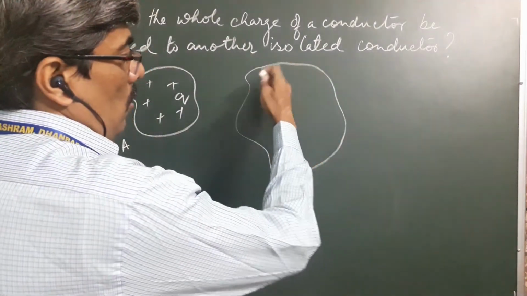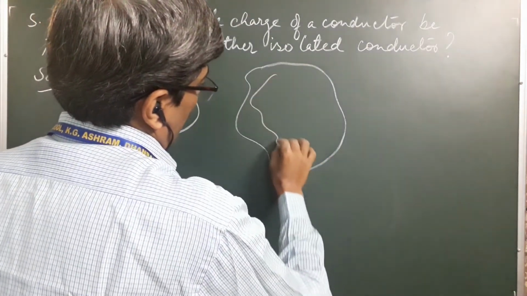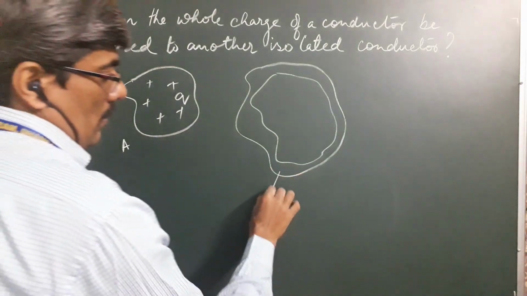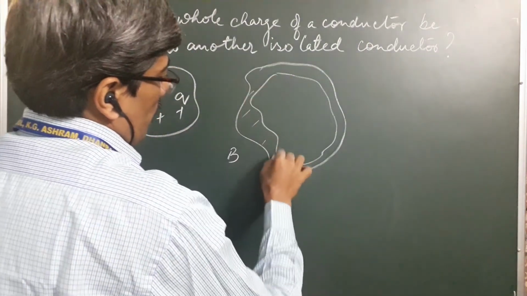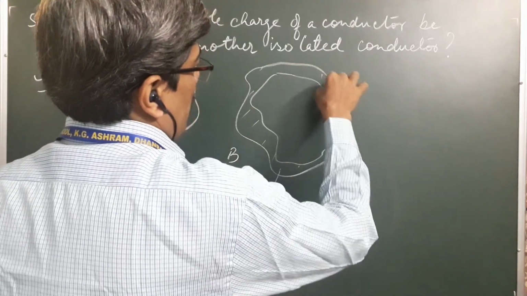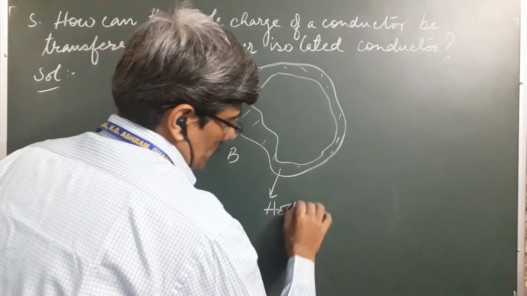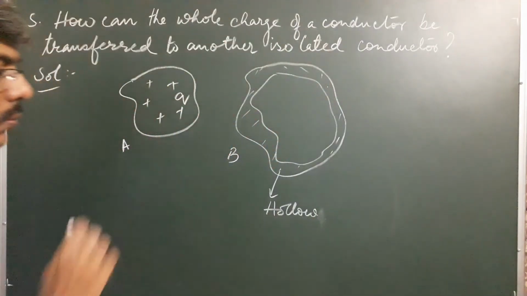If you hollow this up, suppose this conductor is hollowed up, you can easily hollow it up. If this conductor is B, you can hollow it up, but mind it, it's covered. Let's say hollow.